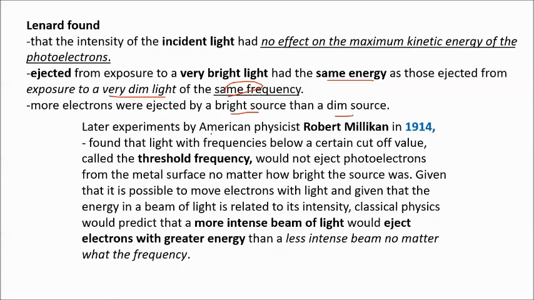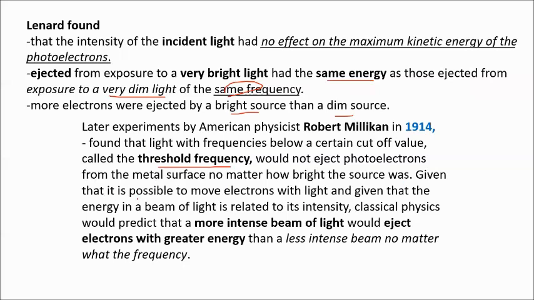Later experiments by American physicist Robert Millikan in 1914 found that light with frequencies below a certain cut-off value, called the threshold frequency, would not eject photoelectrons from the metal surface no matter how bright the source was.